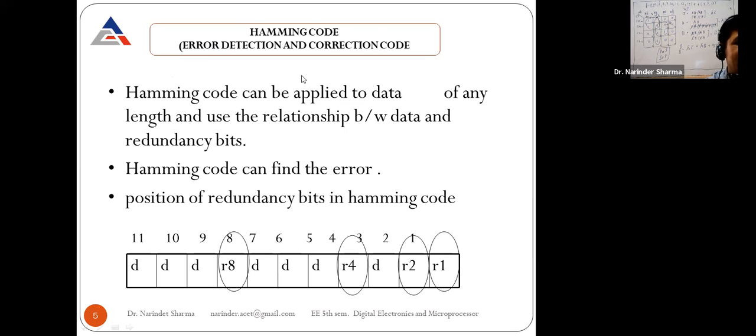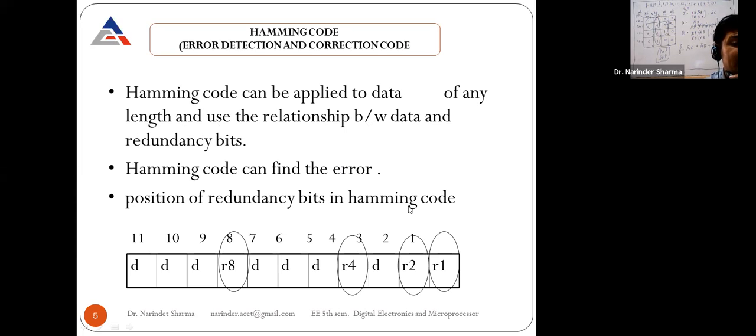Whether it is exact or not has to be checked by using the Hamming code method. Hamming code can be applied to any data of any length and uses the relationship between data and the redundancy bits. Redundancy bits tell whether a bit is correct or not. So Hamming code is efficient to point out the errors.